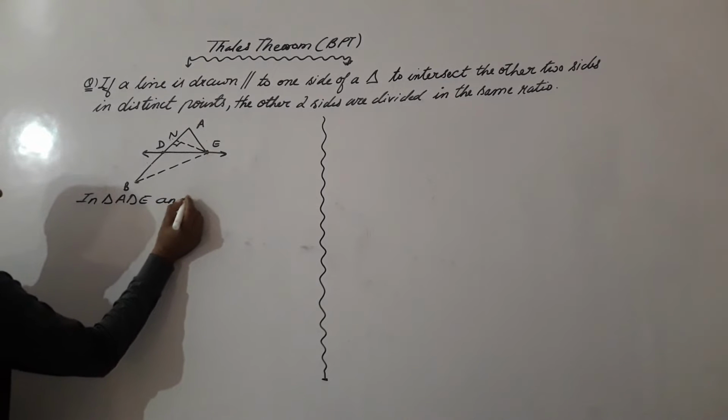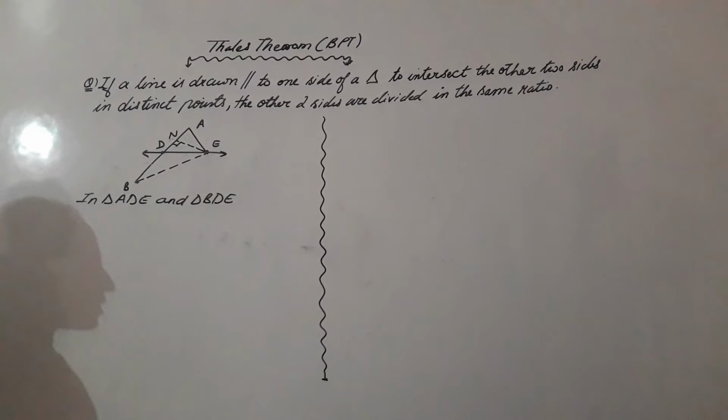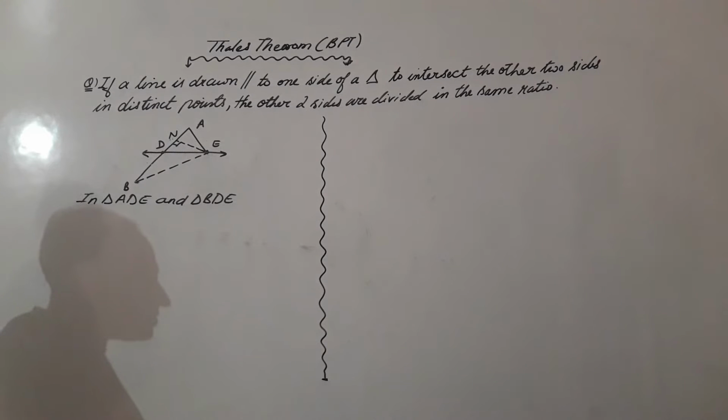Okay, so we'll take triangle ADE and triangle BDE. Now if we compare the area of these two triangles, we see that we have the altitude. Right? So when we are given the altitude, then obviously the area of a triangle is given by the formula half into base into altitude.